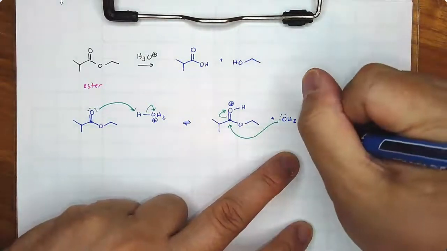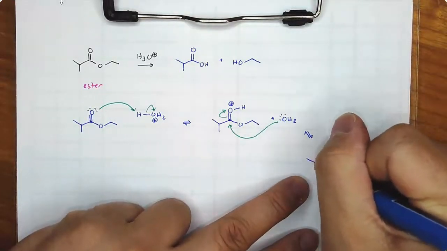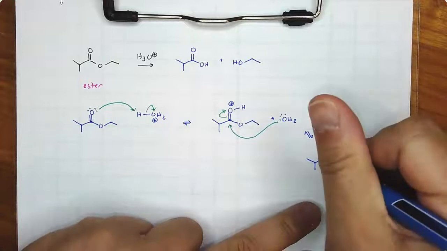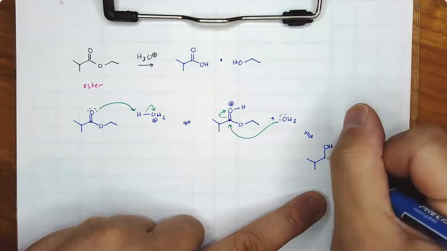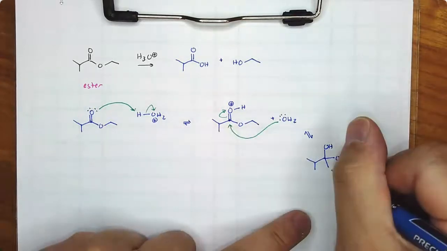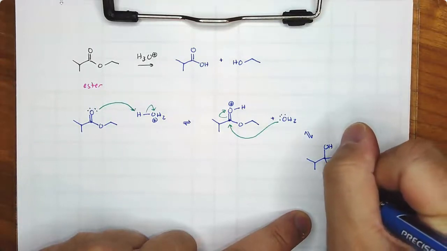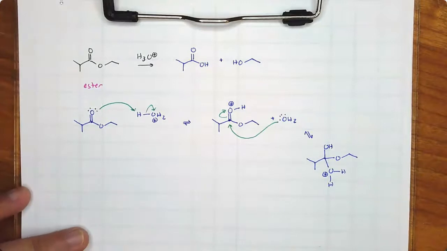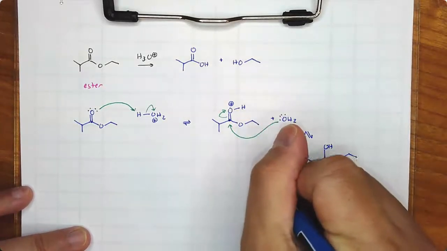And since Fischer's all reversible, I'm going to just go ahead and use reversible arrows for every step. We still get the tetrahedral intermediate, but in this case we don't have the O minus, we have an OH. You could probably tell that this is going to be a little bit longer than the first two mechanisms that we saw. Let us neutralize.